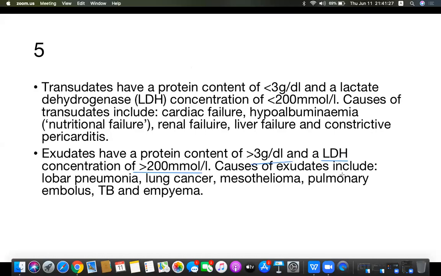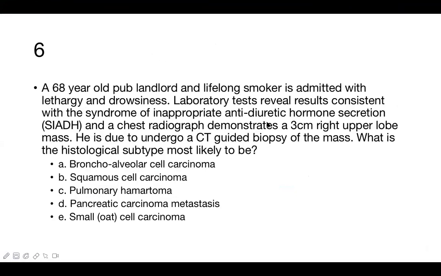Now, the common causes of exudate include lobar pneumonia, which are mainly caused by bacteria like pneumococci, cancer of the lung, mesothelioma, which is a pleural malignancy, pulmonary emboli, tuberculosis, and empyema. And this is the case of empyema here. Now let's go to another case, number 6.